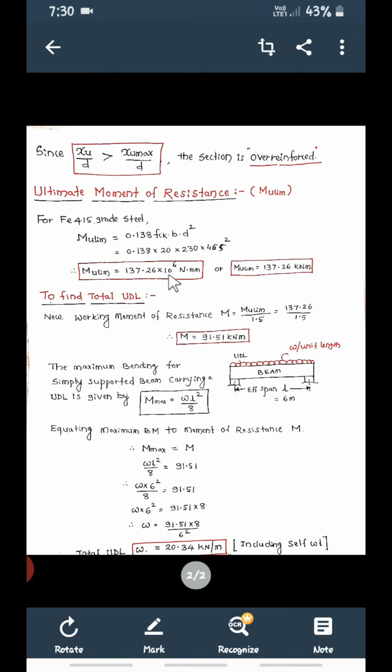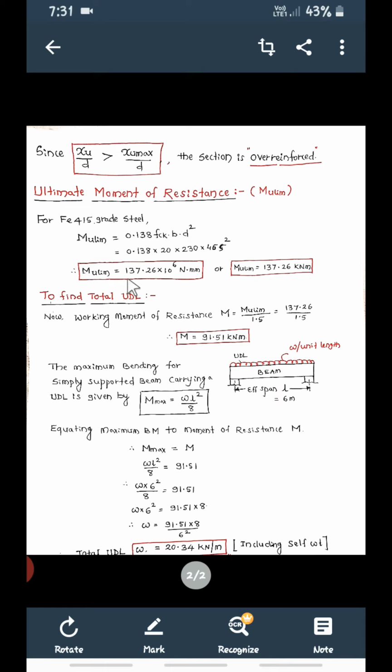137.26 into 10 raised to 6 Newton mm. If you convert this into kilonewton meter, convert Newton to kilonewton, divided by 10 to the power of 3, that becomes kilonewton. Then again millimeter to meter, divided by 10 to the power of 3.